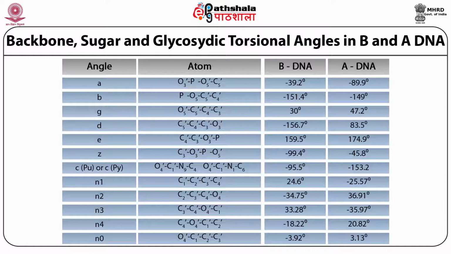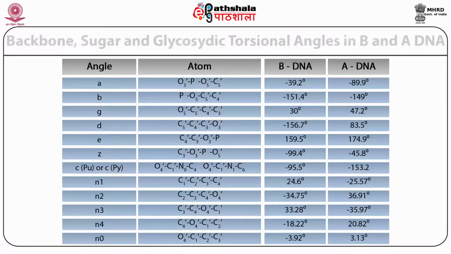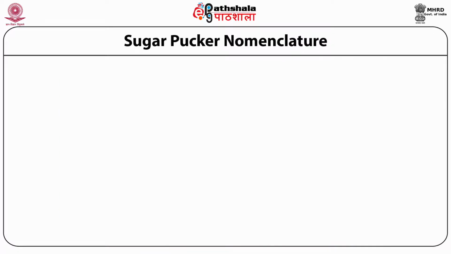Delta angle doesn't change, but it depends on the sugar conformation. It is minus 156 degrees in B-DNA and 83.5 degrees in A-DNA. The reason being, in the case of B-DNA, we have C2' endo pucker, and in A-DNA, we have C3' endo sugar pucker rather.